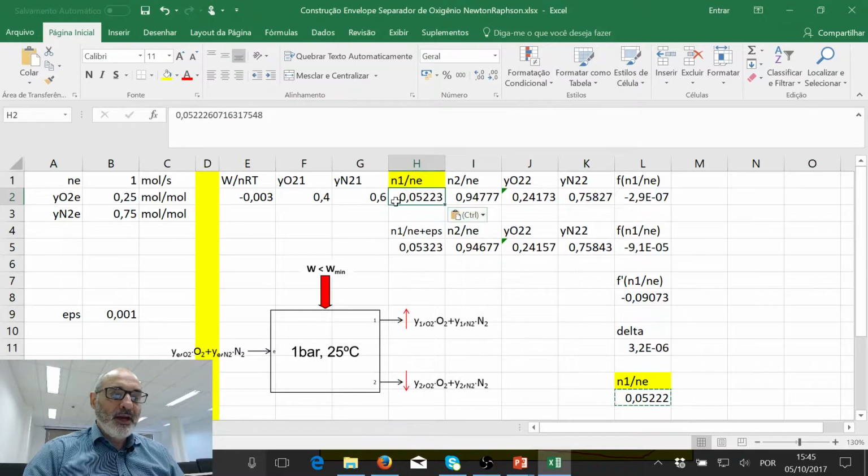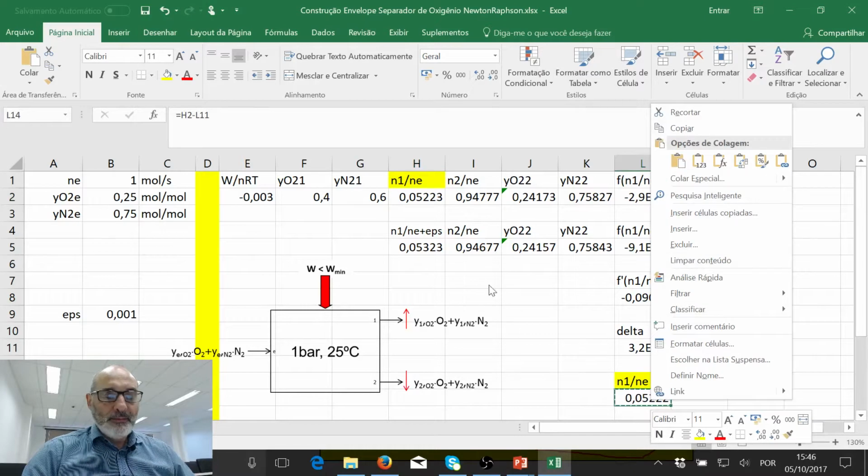So I paste special value, okay? Because if I simply copy paste, I'm copying also the formula, and it's going to give a recursive iteration. It's not going to be able to solve. And well, I'm almost there, you see 5223, 5222.